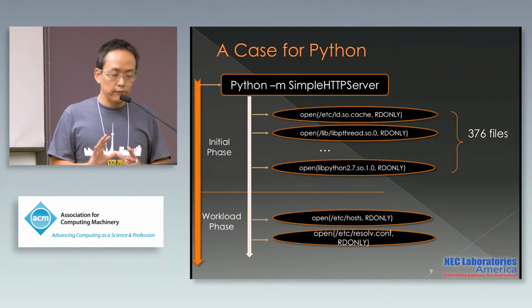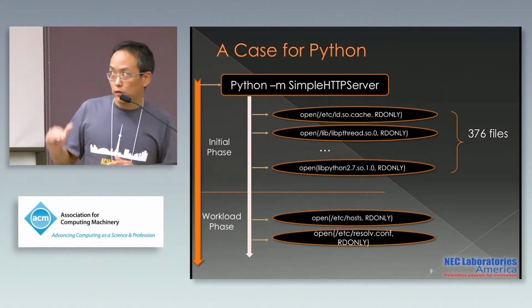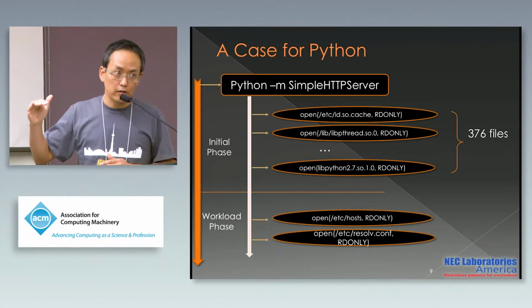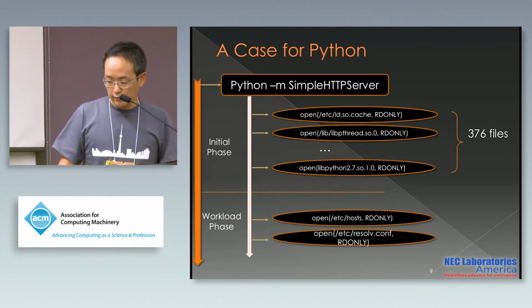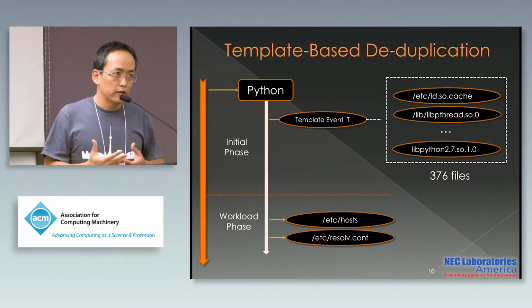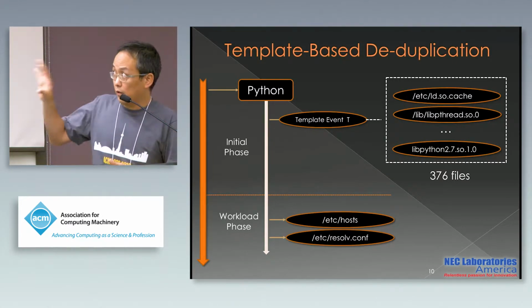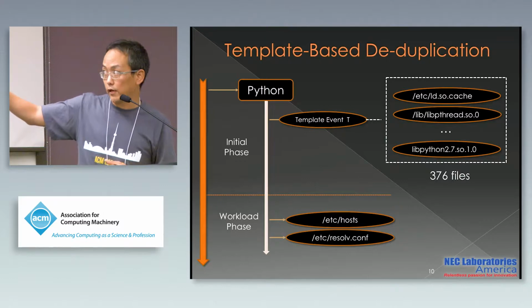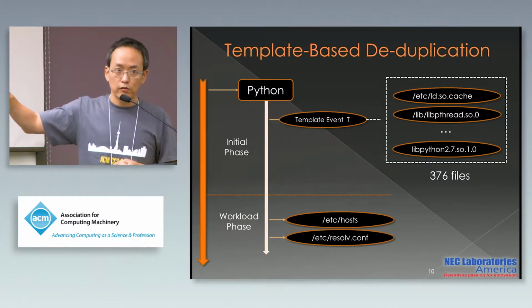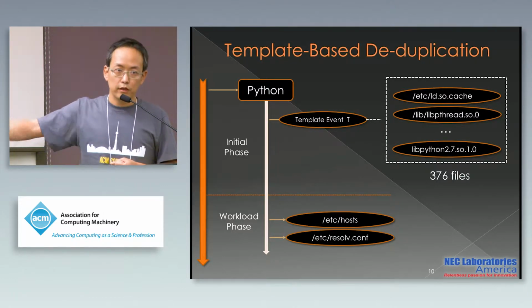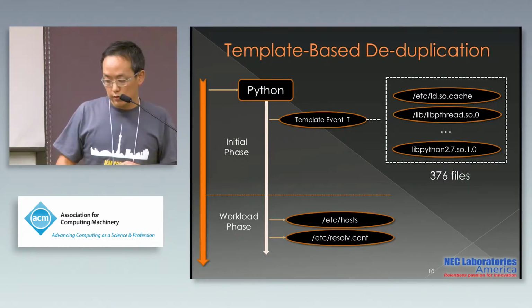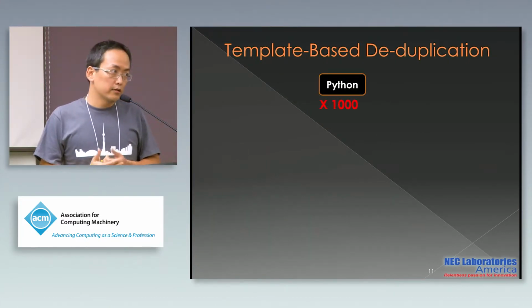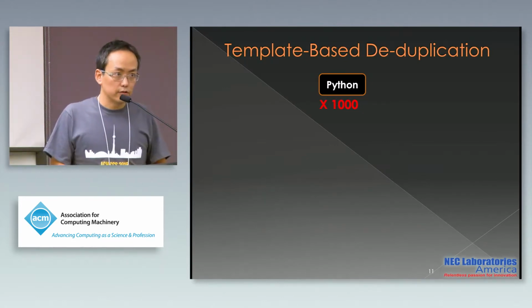So what we see here is a huge repetition of the static setup, a fixed set of library or configuration files referred to during bootstrapping. A simple idea we can think of is: why don't we make a template for this set of files and make a single pointer to that template, referred to over and over again for future executions? Let's say we have 1,000 Python executions.